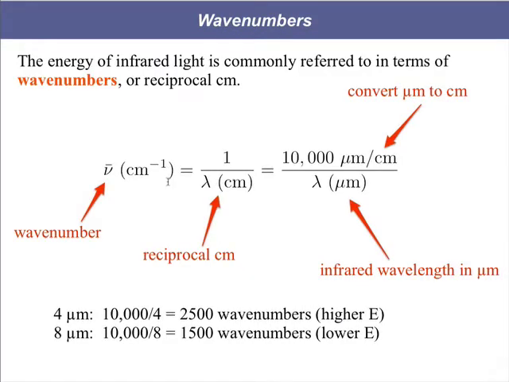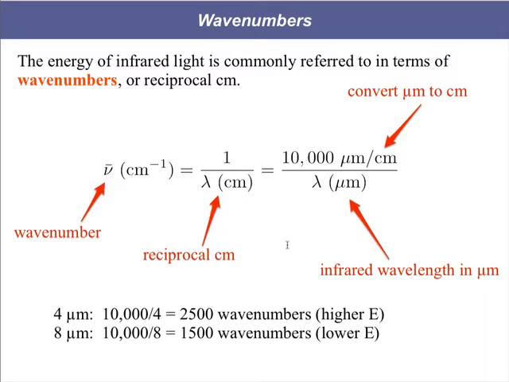We've mentioned that the range of wavelengths that are absorbed by molecules ranges from around 2.5 to 25 micrometers. For the sake of reporting these numbers, it's more convenient to convert them into reciprocal centimeters, which we call wave numbers. It's a simple conversion.